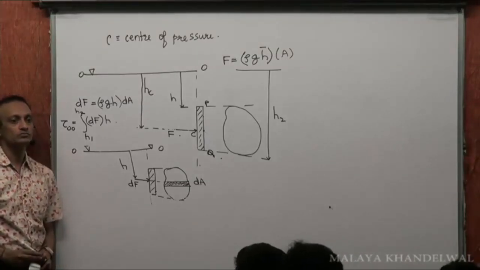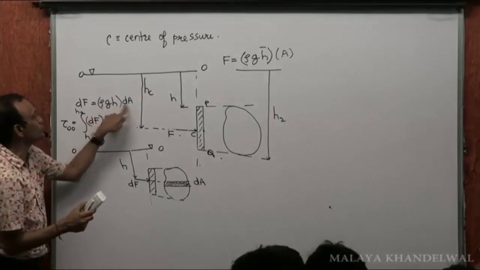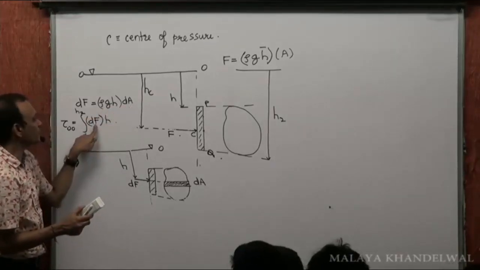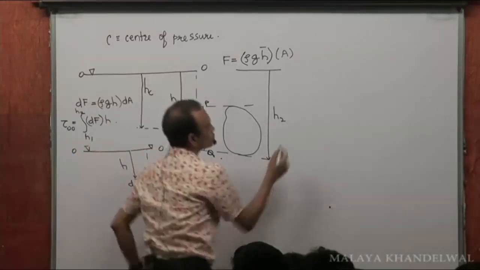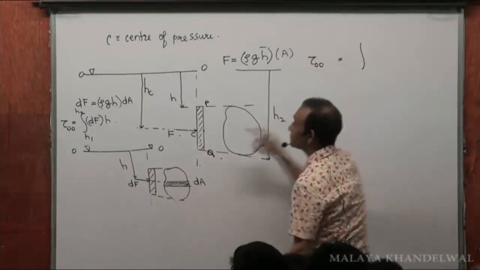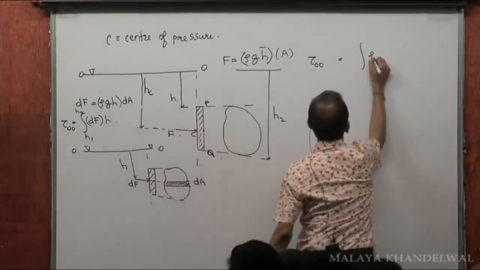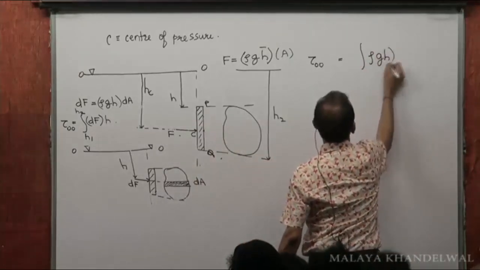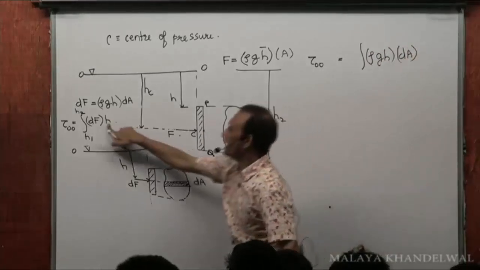Are you confused? No. This dF I can replace by rho g h dA. So the total torque about the free surface is going to be integral, dF to be replaced by rho g h dA, into h.